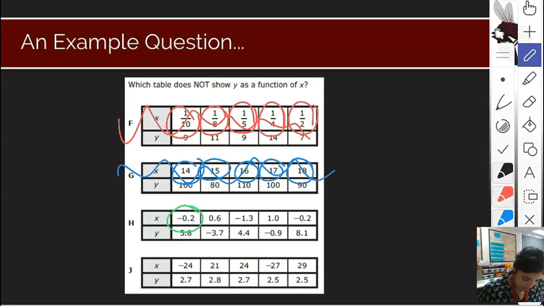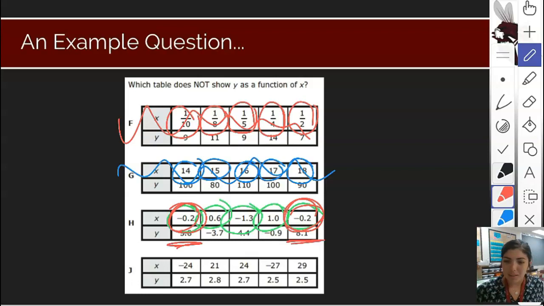We've got negative 0.2, 0.6, negative 1.3, 1.0, and negative 0.2. Hopefully you noticed here that this negative 0.2 is a repeated input value with different output values here underneath it. That makes this a relation and not a function, which is exactly what we're looking for. We'll hang on to that one.